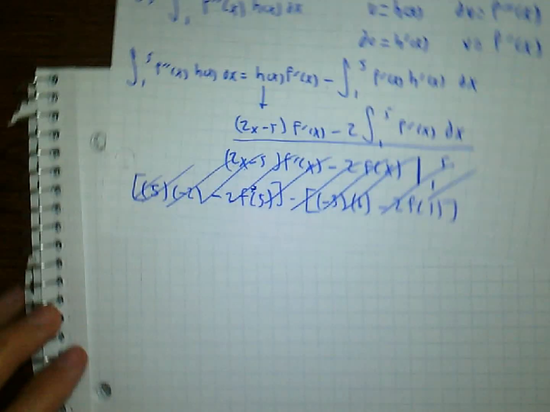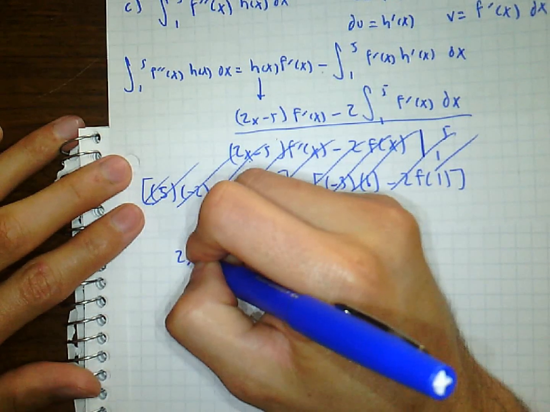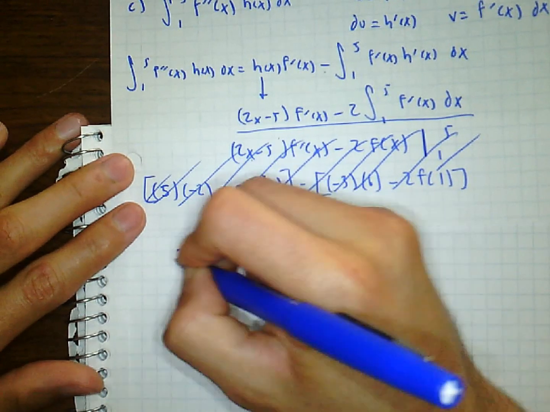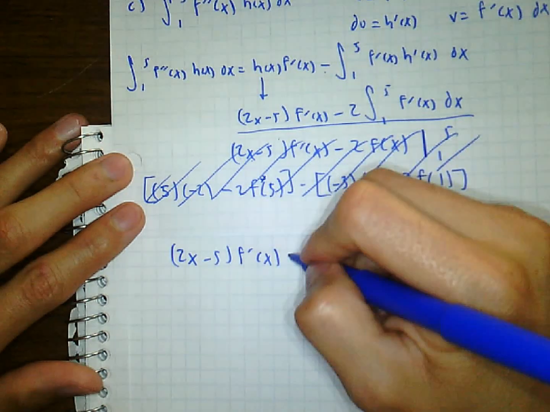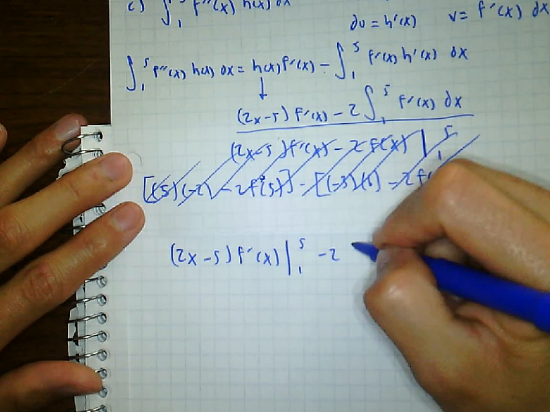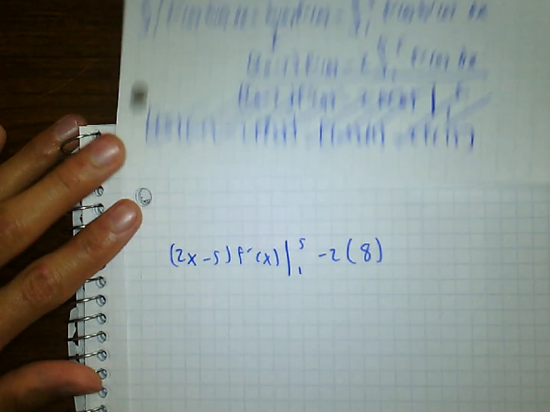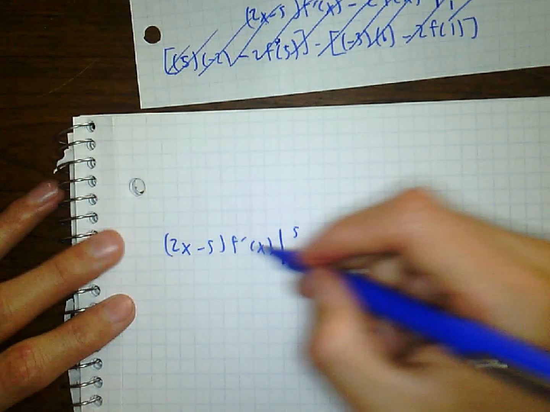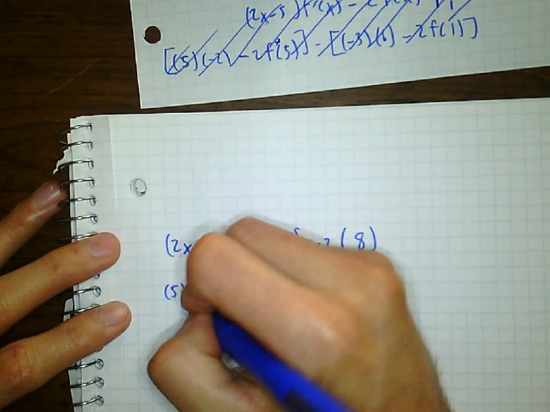So let's see where we're at. We were at 2x minus 5 f prime of x. Now I'm going to have to evaluate that from 1 to 5 because I haven't done so, minus 2, and again we just figured out that was 8. Cool? So here we go, we're going to plug in 5. 5 times 2 is 10, minus 5 is 5.